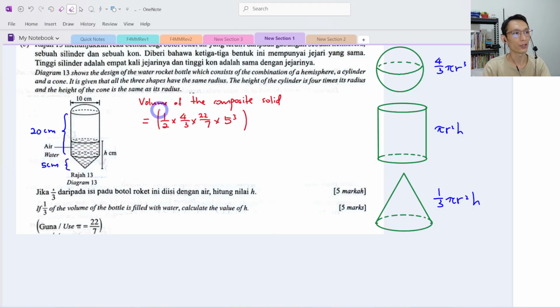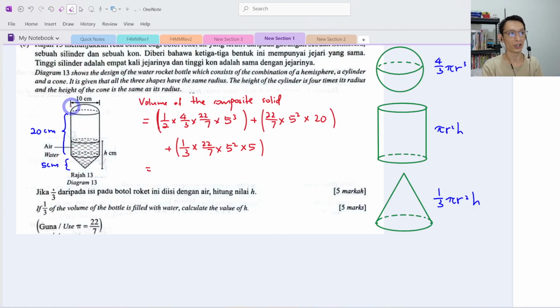Okay, so this is the volume of the hemisphere, and then we go to cylinder, pi r squared height. Okay, so this is the volume of the cylinder plus the volume of the cone. Don't forget, start with 1 over 3 if you want to find the volume of a cone and also the volume of pyramid. 1 over 3 pi r squared height.